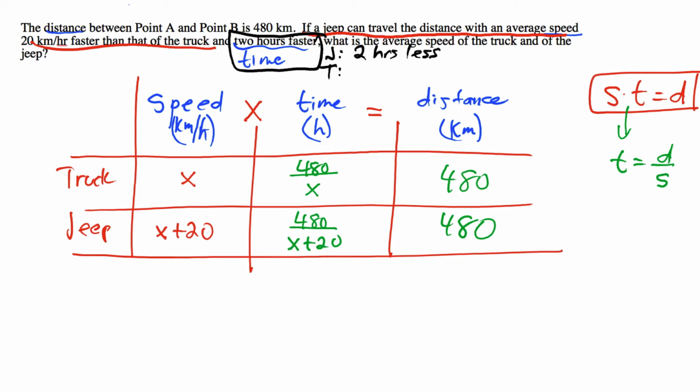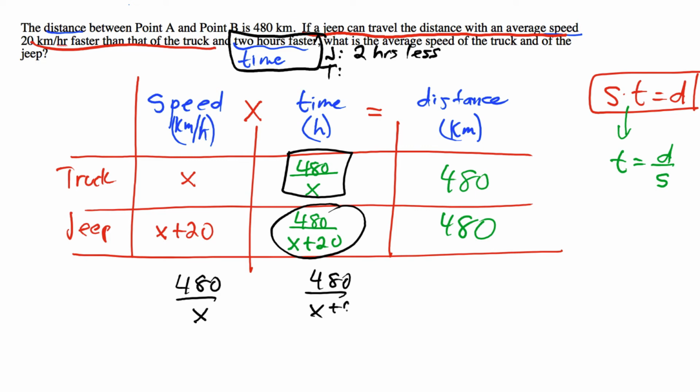The Jeep is going to travel for 2 hours less than the truck because the Jeep is traveling faster. If you travel faster, it takes less time. So this time will be 2 hours less than this time. So in other words, if we take the time traveled by truck and the time traveled by Jeep, since this is 2 hours less than the truck's time, the difference between those would be 2 hours.